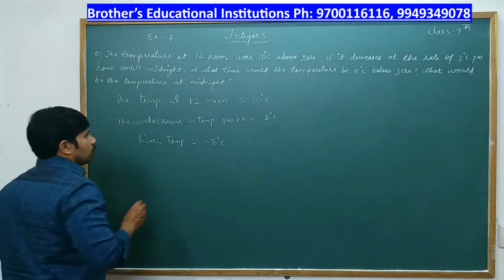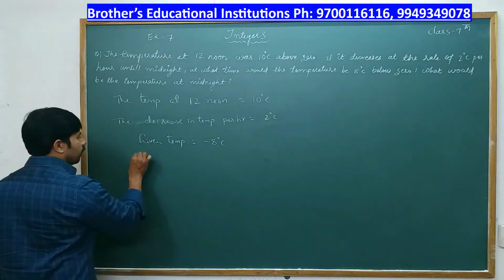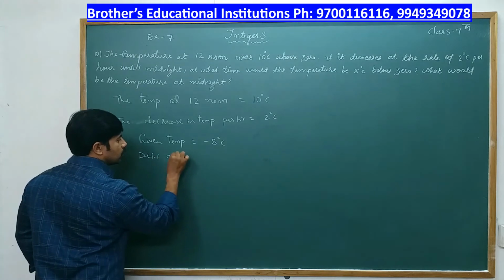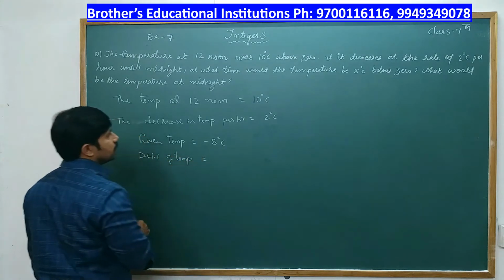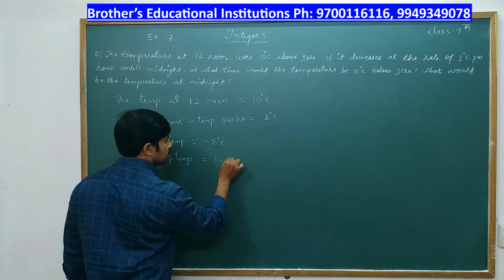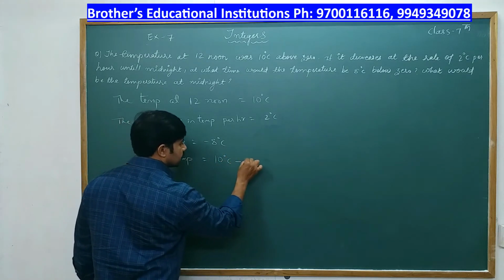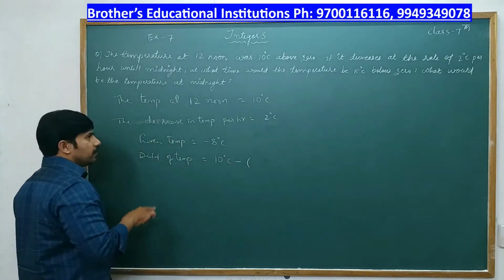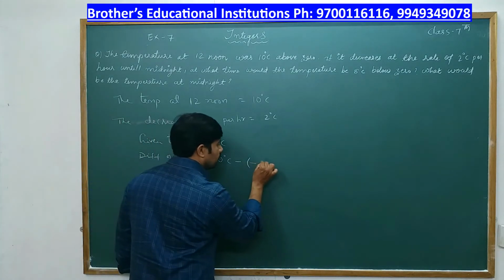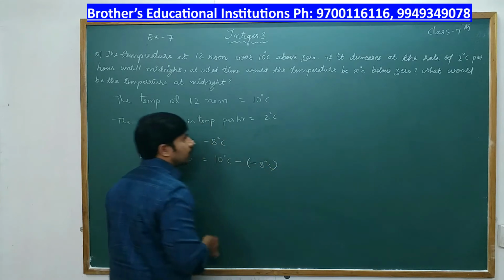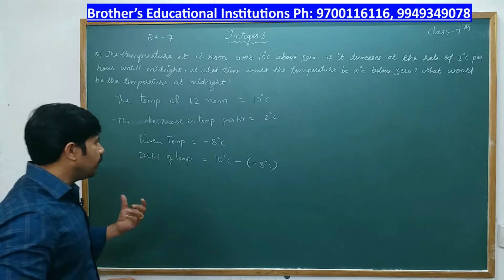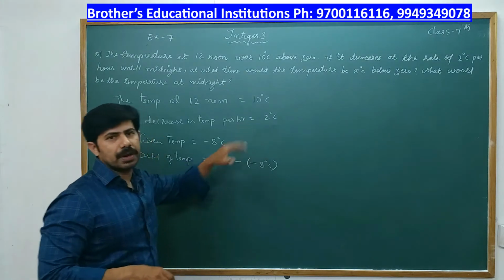Now I'll find out the difference of temperatures. At 12 noon the temperature is 10 degrees Celsius, minus the given temperature, minus 8 degrees Celsius, because we need to find at what time the temperature reaches minus 8 degrees Celsius if it reduces 2 degrees Celsius per hour.